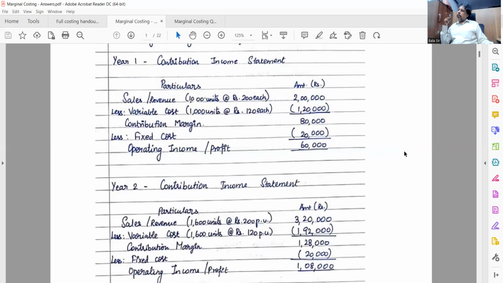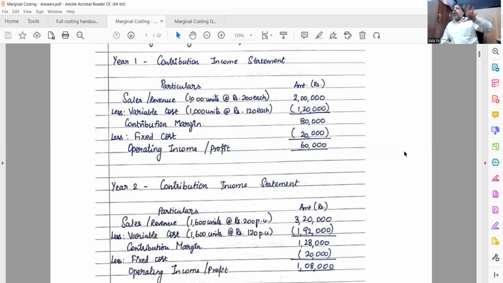So 120 rupees worth of product is sold for 200 means what? I earn rupees 80. That means what? Each unit sold contributes rupees 80 towards recovery of fixed cost. That is what it's called contribution.